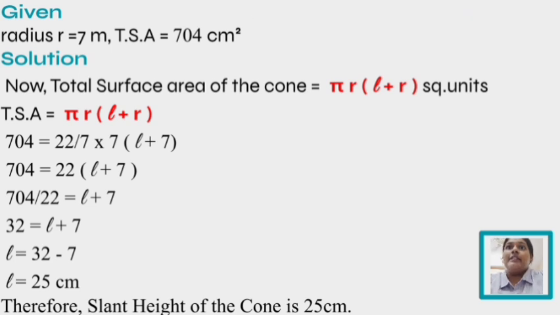This time they have given the total surface area and asked for the slant height, so we can work backwards using the TSA formula. The total surface area of the cone is equal to pi r (l plus r). By substituting all the values and calculating, finally we get 25 centimeter. Therefore the slant height of the cone is 25 centimeter.